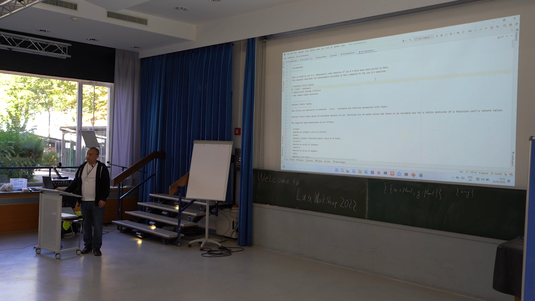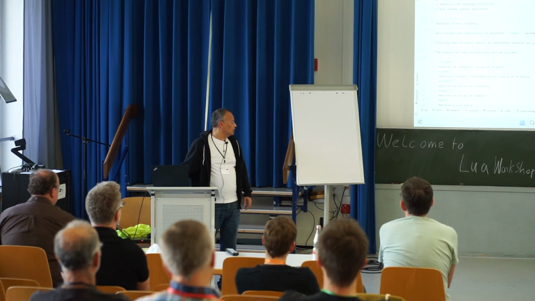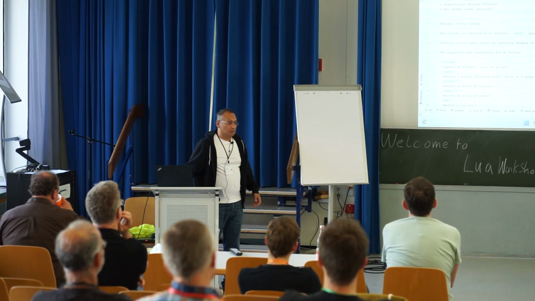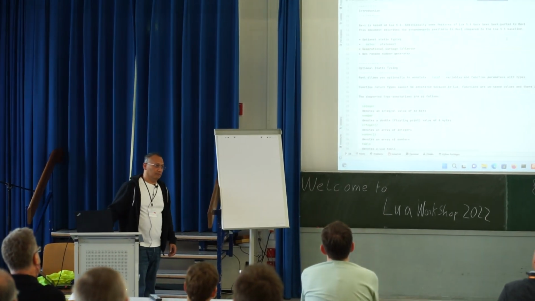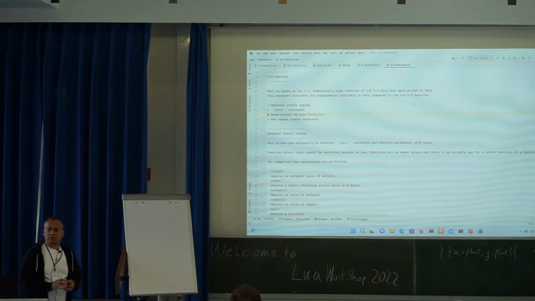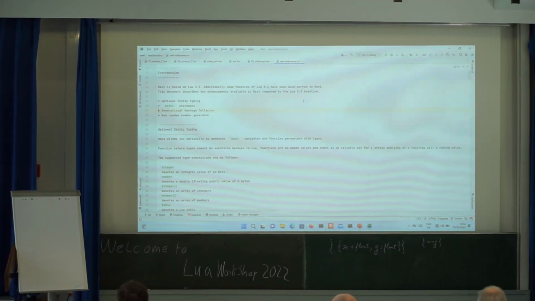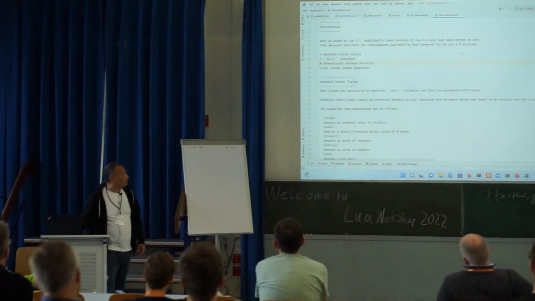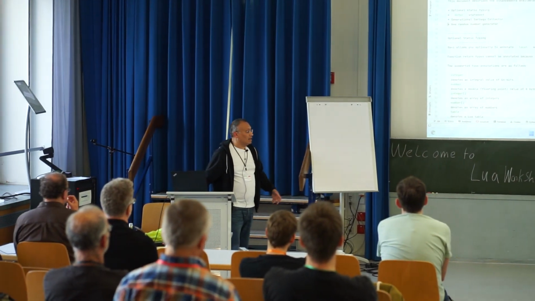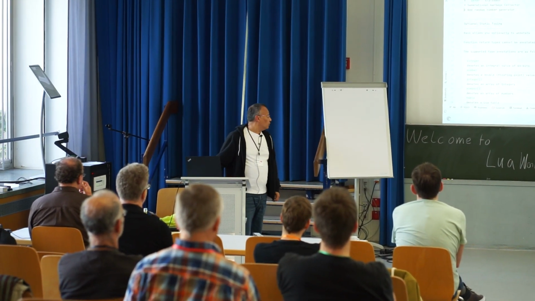It's got a defer statement which is built on the 5.4 to-be-closed functionality. It's got the generational garbage collector from 5.4. So essentially Ravi is based on 5.3, but some features have been backported from 5.4. It's also got the random number generator from 5.4.